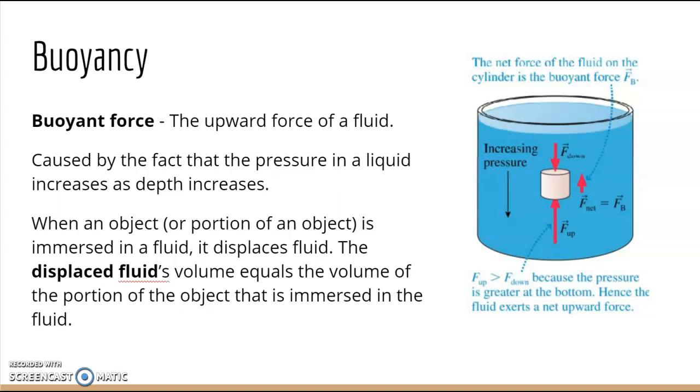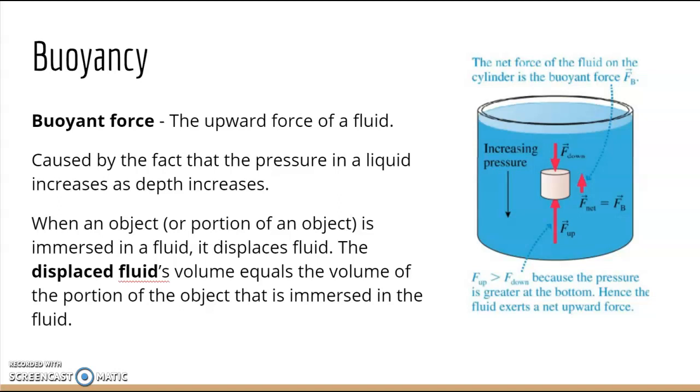Since the circular area of the cylinder is the same, and pressure is force over area, the force on the lower end of the cylinder is larger than on the upper end, and therefore we have a net force upward. This net force upward is what we call the buoyant force. So it's basically a force due to the difference in pressures acting on an object.